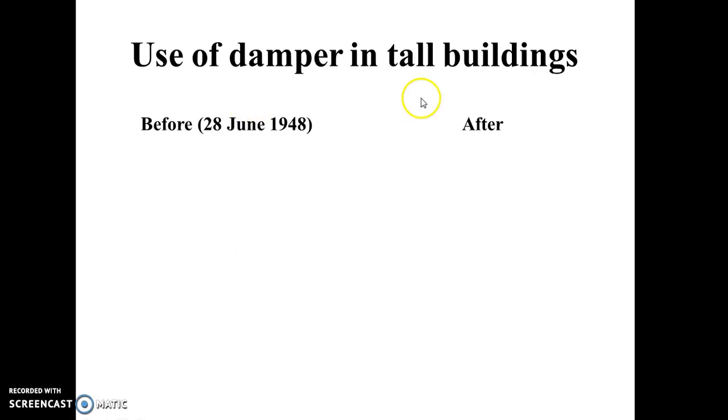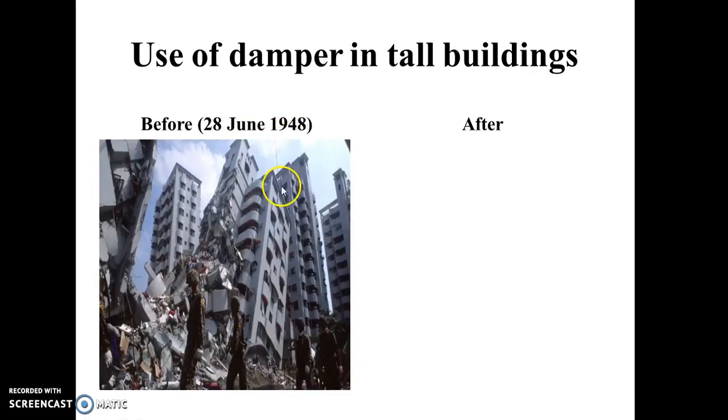Dampers in tall buildings. Before 1948, we see buildings collapsed due to wind forces and earthquakes happening in that era. Now, earthquakes do not affect the buildings because we have developed recent technologies.